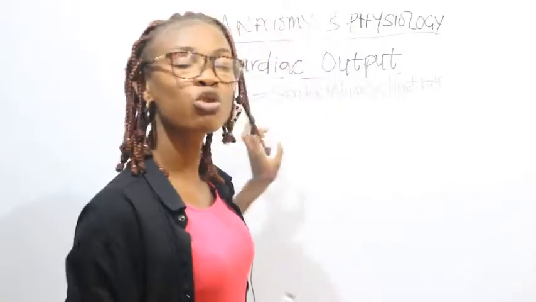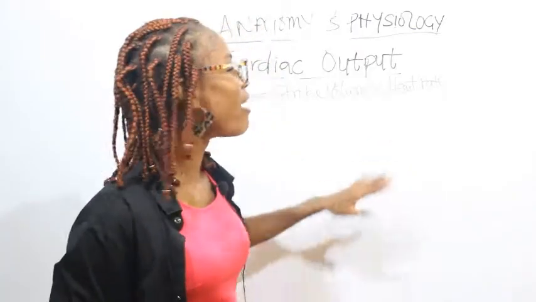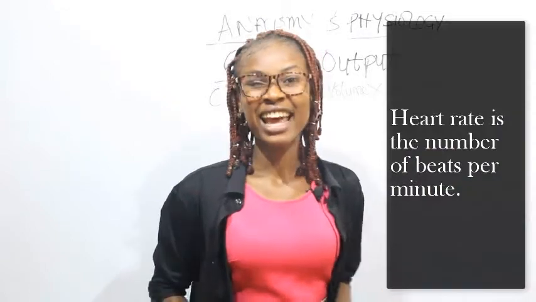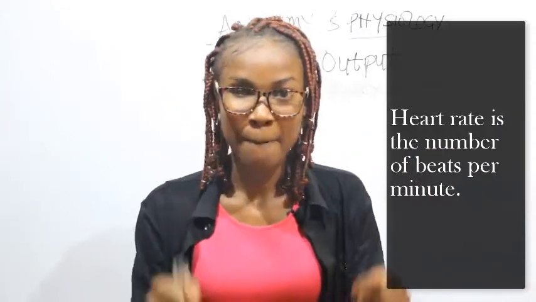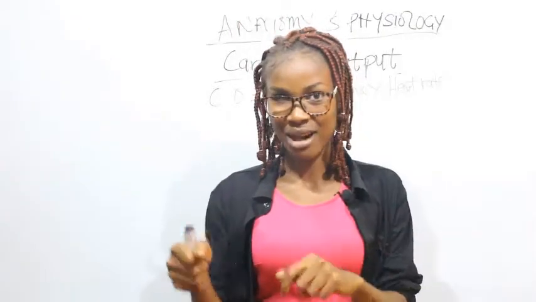Now, if the heart contracts a number of times in 1 minute, what is the volume of blood? That's when we're talking about cardiac output. Now, heart rate is the number of beats per minute.